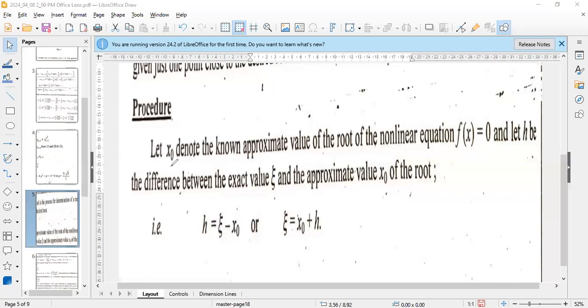Let x naught denote the approximate value of the root of the nonlinear equation f of x equal to 0, and let h be the difference between the exact value and approximate value x naught of the root. Then h is equal to epsilon minus x naught, or epsilon is equals to x naught plus h.